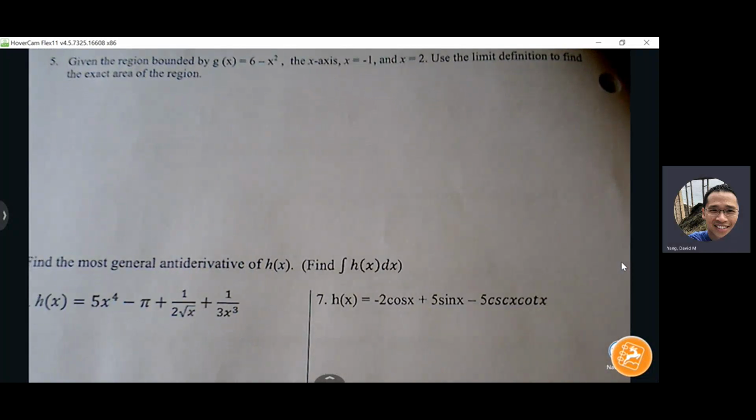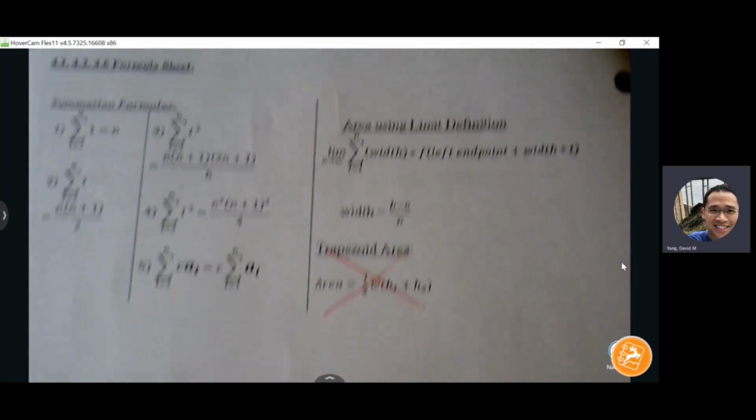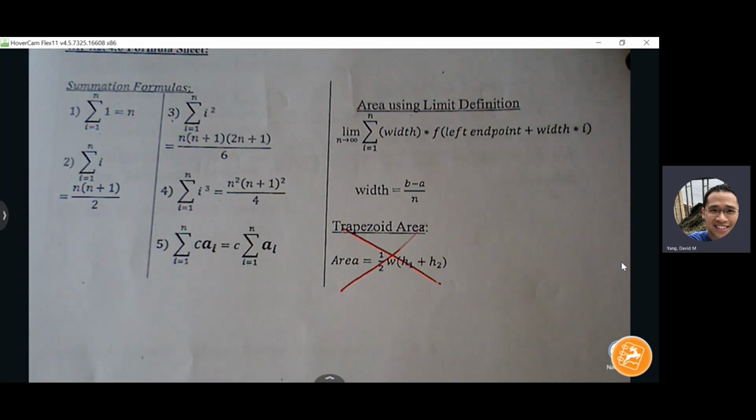Let's do a limit definition. So number 5. Okay, I will give you the limit definition area. So this is what I will give you on the quiz.